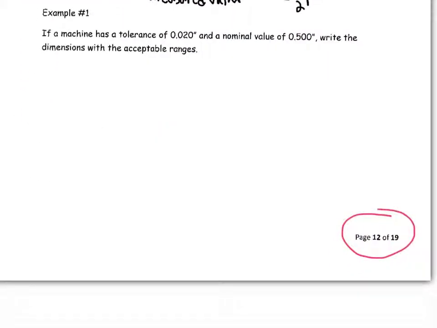Example number 1. If a machine has a tolerance of 0.020 inches and a nominal value of 0.500 inches, write the dimensions with the acceptable range. Okay. Well, we really want a target value, a nominal value of this. You know, that would be perfect.